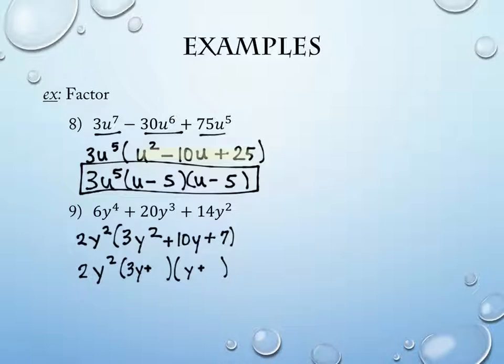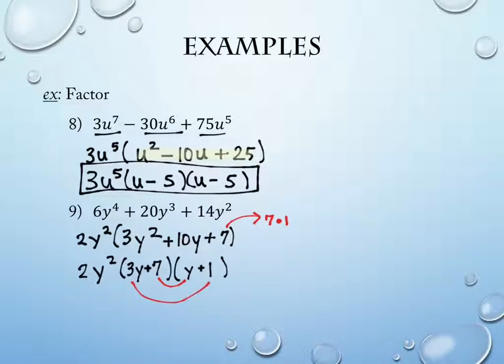Do I want to place the 7 first or the 1 first? Right? The 7 is 7 times 1. So do you want a 7 in the first parenthesis or in the second one? First? Let's give it a try. If I put a 7 here and a 1 here, you've got to check.